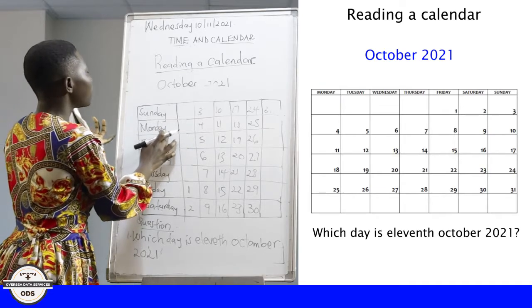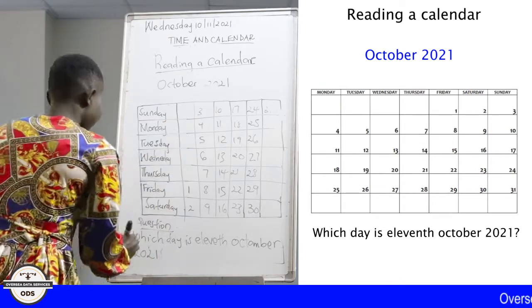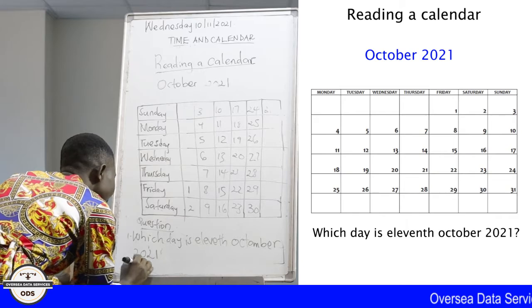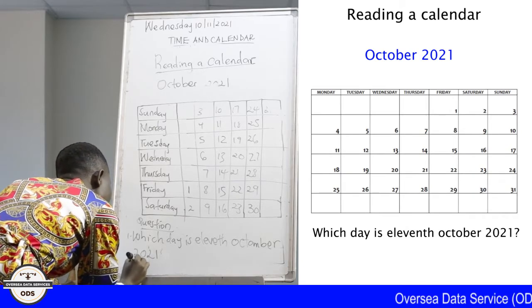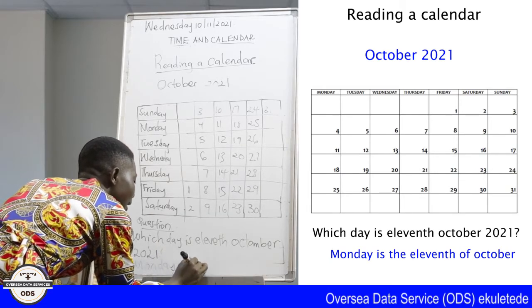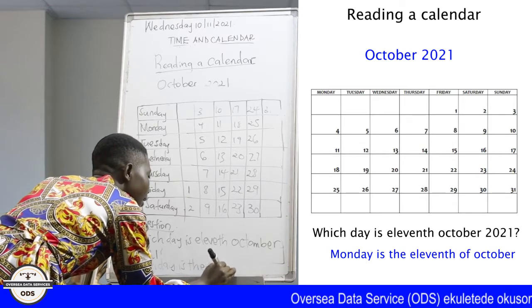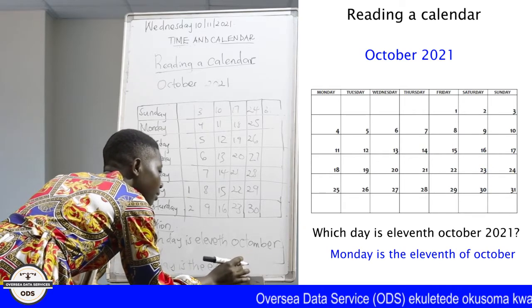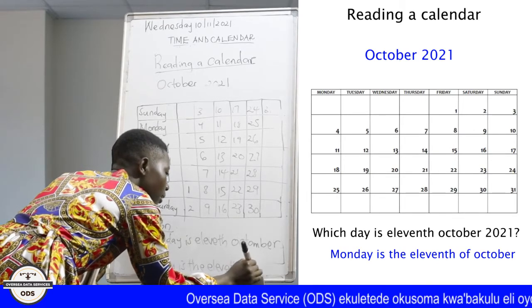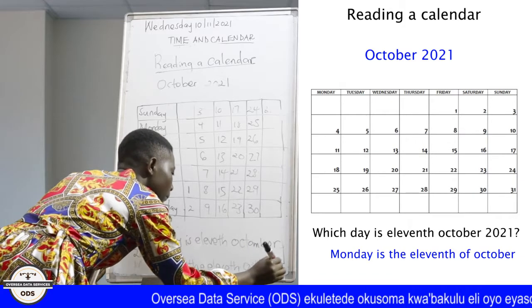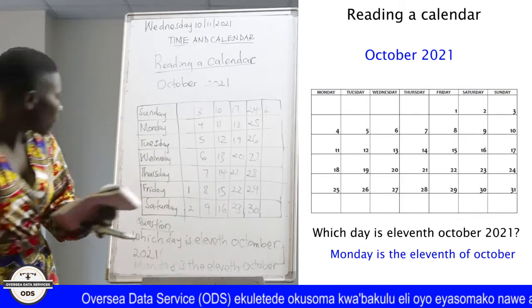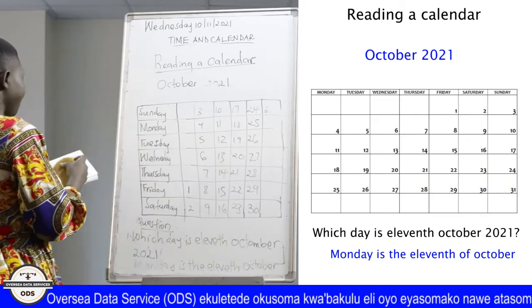Oh, I've realized the day was Monday. The day was Monday. Monday is the 11th day, or 11th October 2021, okay?